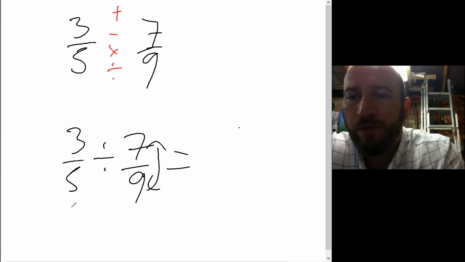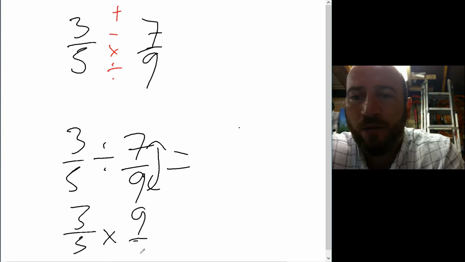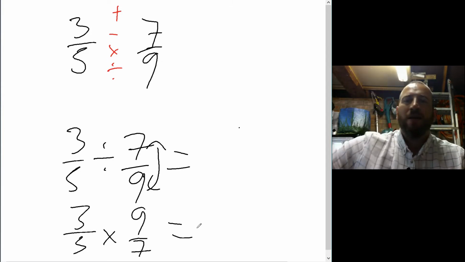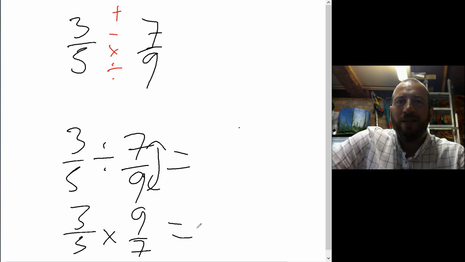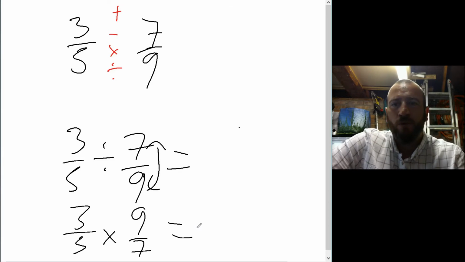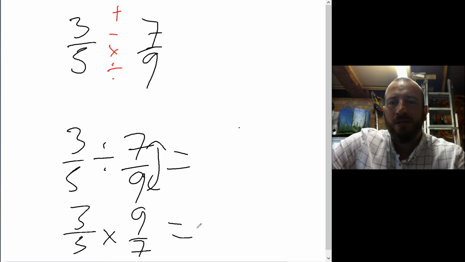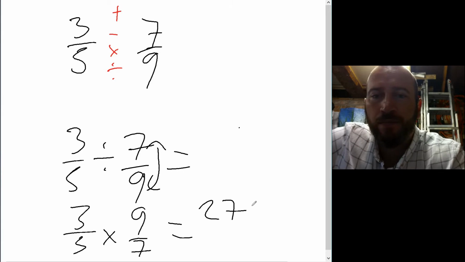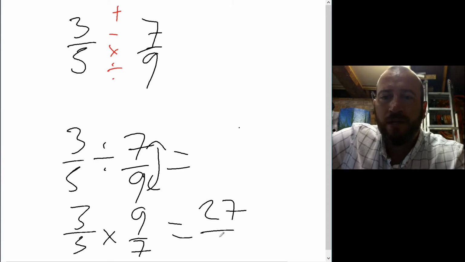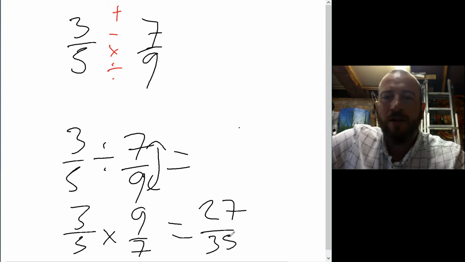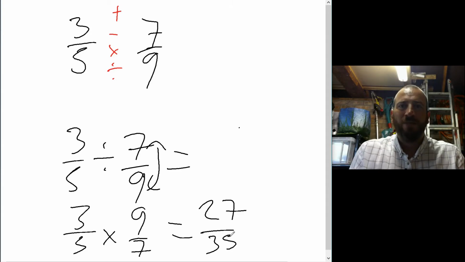If we flip that over, we get 3 over 5 times 9 over 7. This works exactly the same as multiplying now. 3 times 9 is 27. And 5 times 7 is 35. And there we go. We can divide fractions.